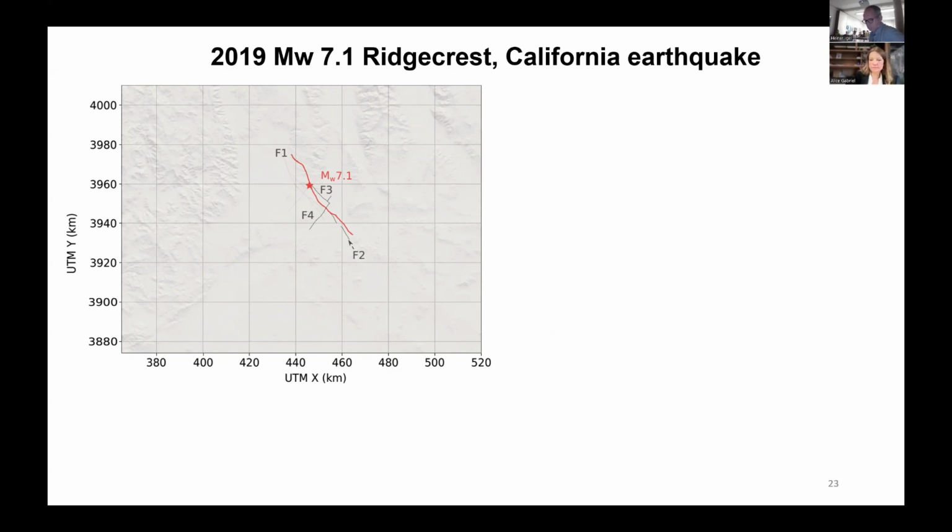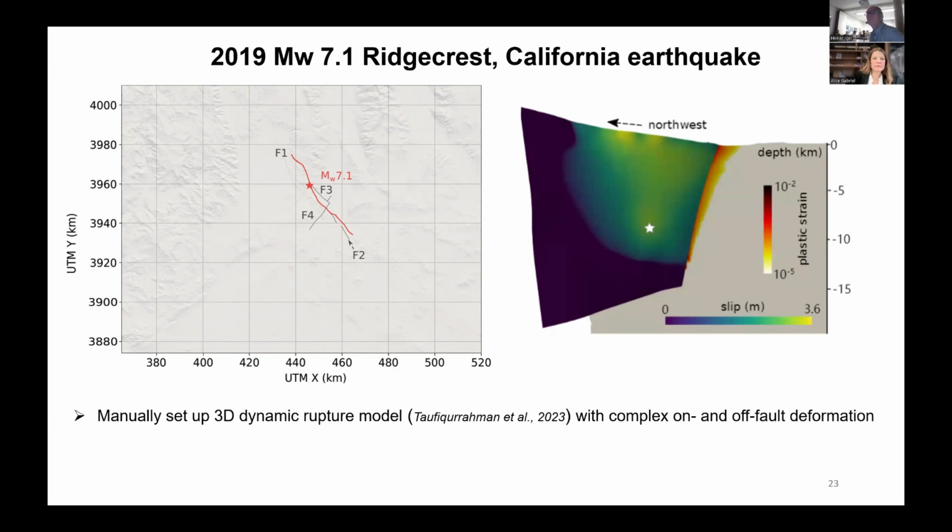But there is one drawback in this study: there's only one realization, and we don't know the uncertainties in the parameters. This plot shows what we can model with dynamic ruptures. We can model the fault slip, from green to yellow, and also the plastic strain, which describes how much inelastic deformation we accumulate during the rupture process.